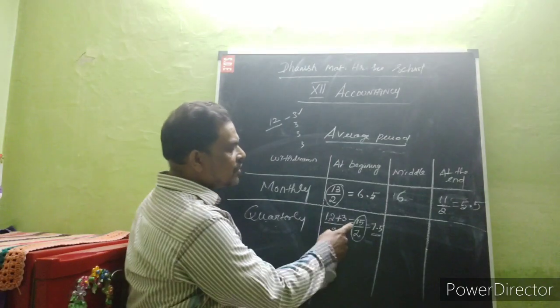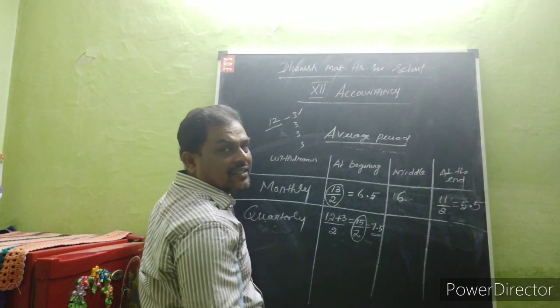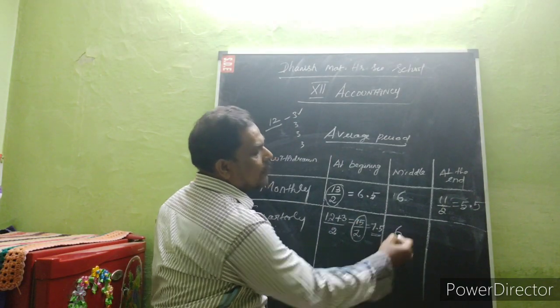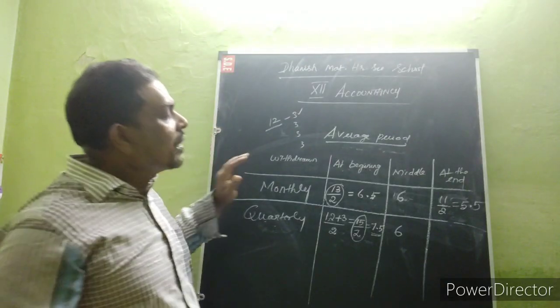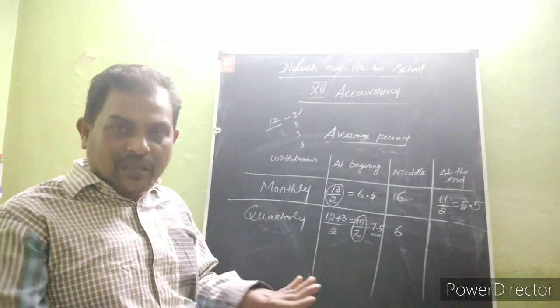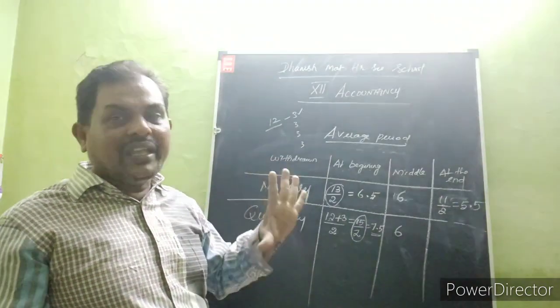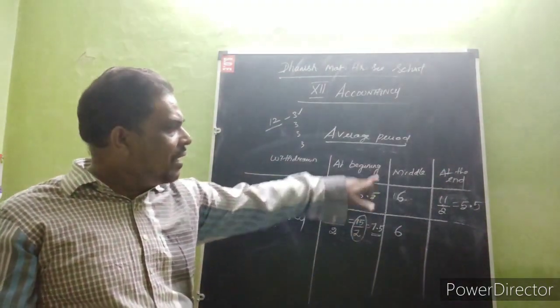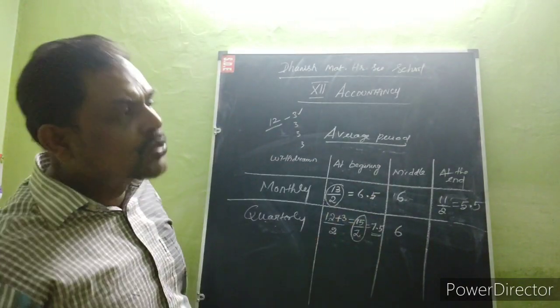That is 15 minus 3, 12 by 2. 12 by 2 is nothing but 6. So here the middle always carries only 6 months, because middle means center. So the center point in every year, the middle is 6 months. That is why in the middle it always comes to 6 months only.